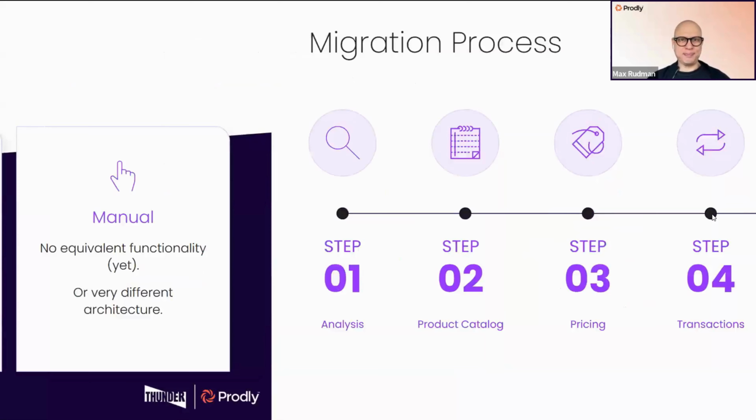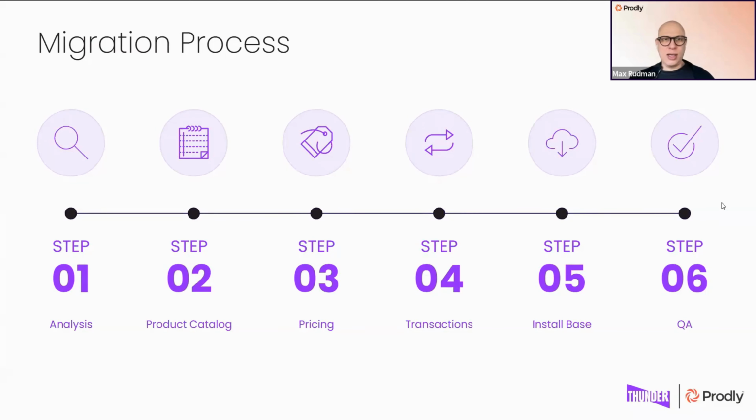Next slide, please. So this is our migration process. Hopefully this makes a lot of sense. The first step is analysis. Our migration application will run through your CPQ config and flag potential issues with configuration data in the context of migration.